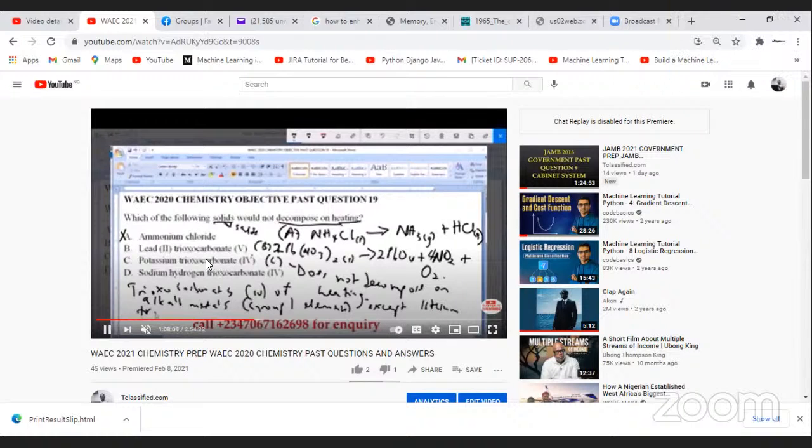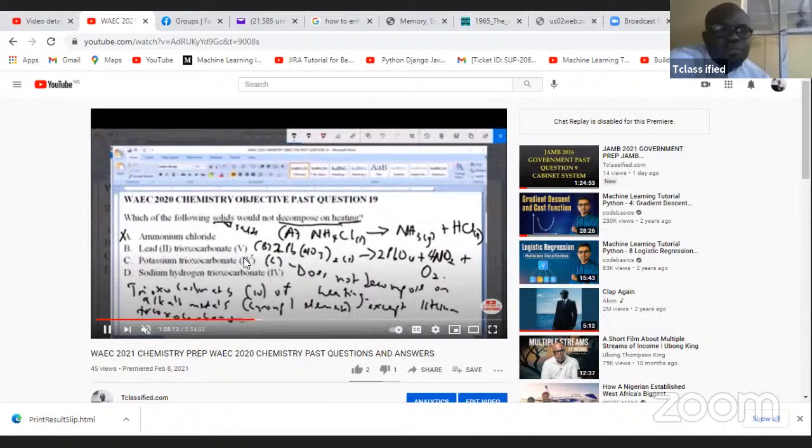This one is trioxocarbonate 4. So for alkaline metals, that is metals under group 1, lead is not an alkaline metal. I hope you know that. So the trioxocarbonate for alkaline metals, those are the ones that don't decompose.